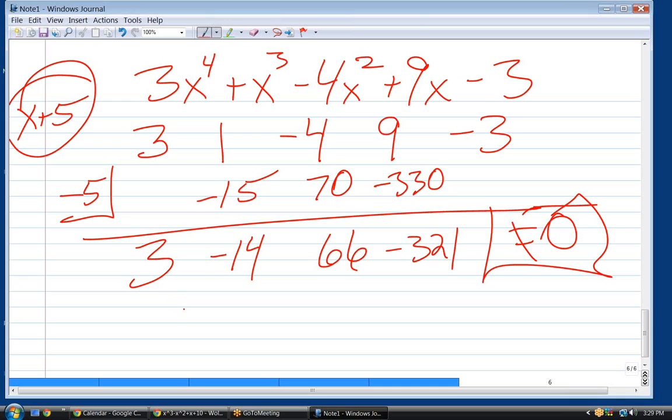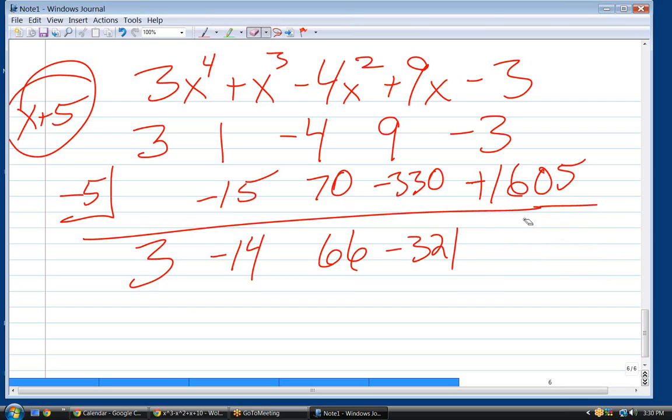So I guess I needed to do this last step here. That's minus 1605. It's plus, actually. So the remainder is 1602. So when you divide this polynomial by this linear factor, what is the solution?